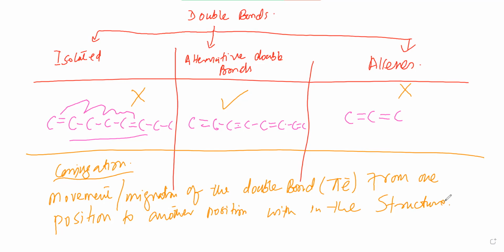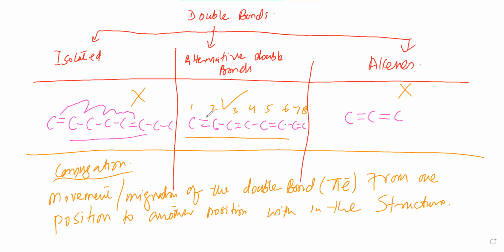If pi electrons can move from one point to another point within the molecule, then you can say the molecule is showing conjugation, because conjugation means this movement of pi electrons or pi bond or double bond from one point to another point. Suppose here you can see in this example, this is carbon 1, carbon 2, carbon 3, carbon 4, carbon 5, carbon 6, 7, and 8. Here we have a double bond between carbon 1 and 2.